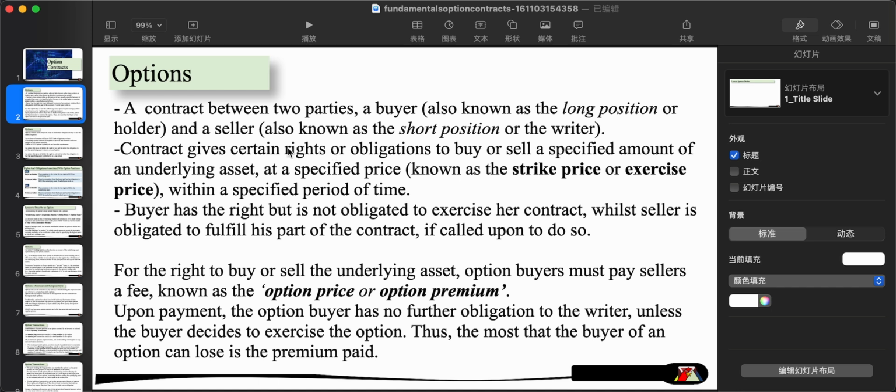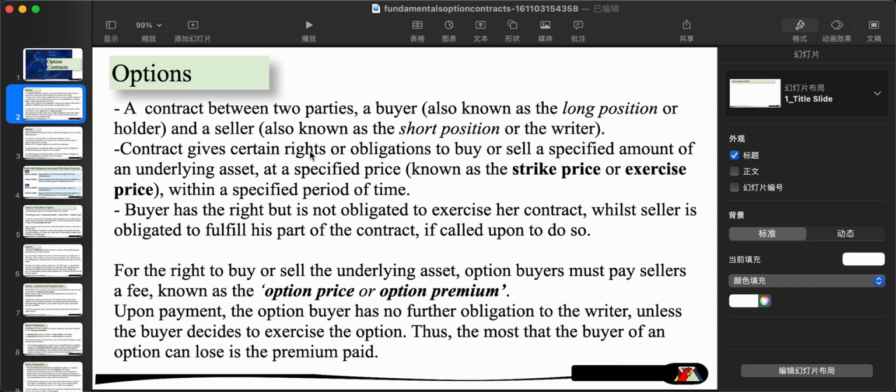The contract gives certain rights or obligations to buy or sell a specified amount of an underlying asset at a specified price, known as the strike price or exercise price, within a specified period of time. The buyer has the right but is not obligated to exercise the contract, while the seller is obligated to fulfill his part of the contract if called upon to do so.